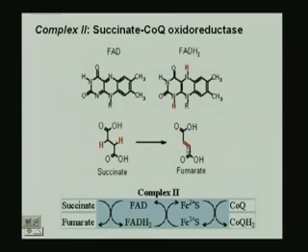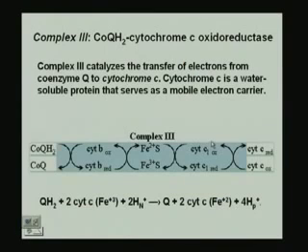The enzyme is succinate dehydrogenase, because you are removing the hydrogens from succinate, or it is also known as succinate CoQ oxidoreductase. But this enzyme can also be mentioned as succinate dehydrogenase, because it is taking up the hydrogens from succinate and forming fumarate. Okay. This is actually complex 2, but there are no protons transferred.